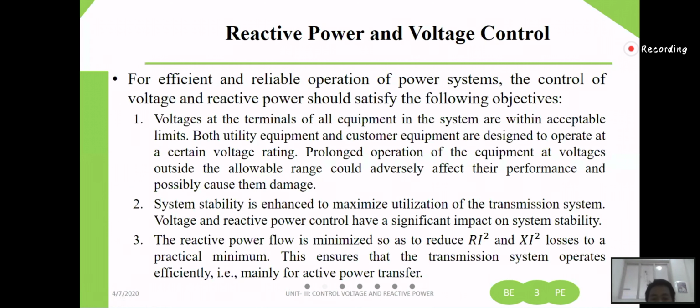Before we start with generation and absorption of reactive power, let's first ask ourselves why we have to control the voltage and the reactive power flow.